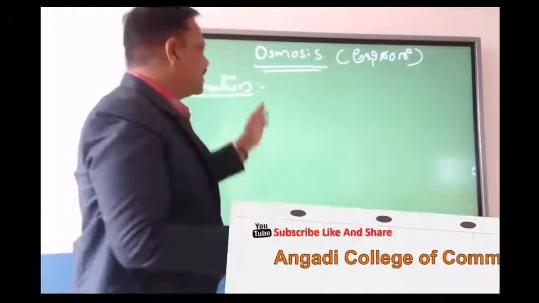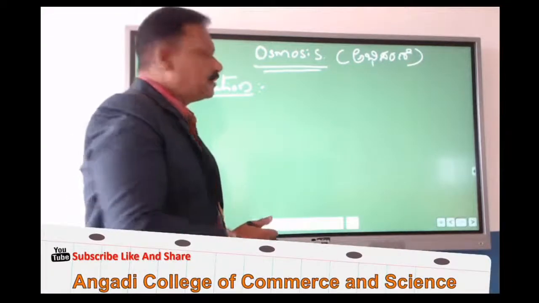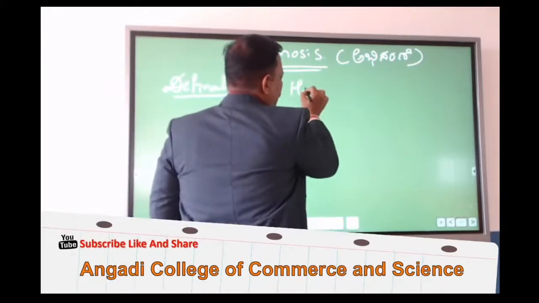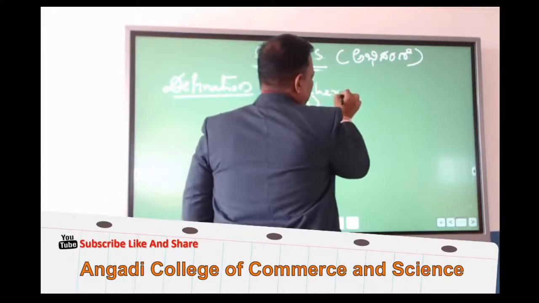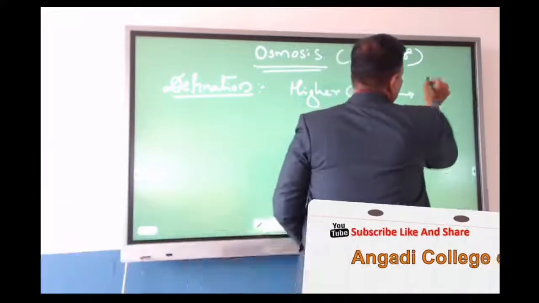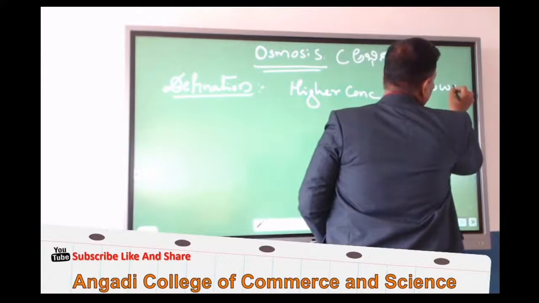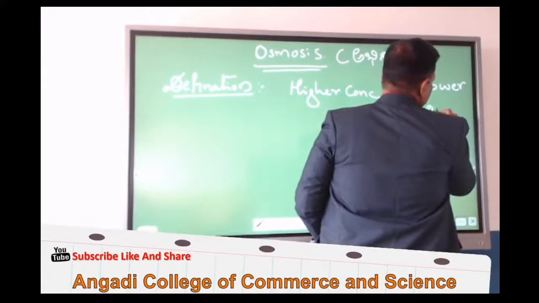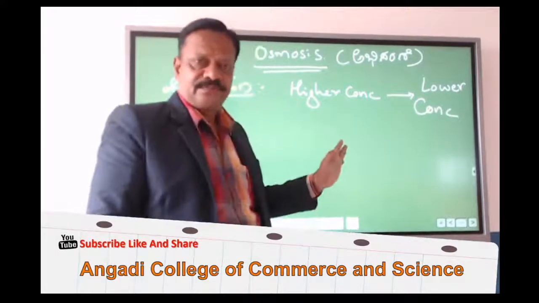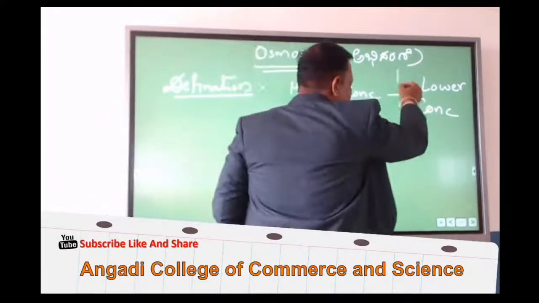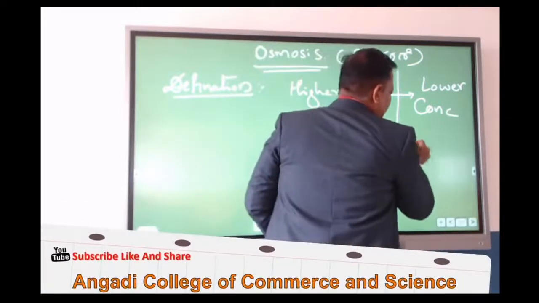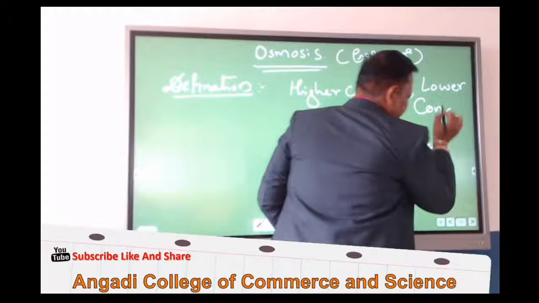So, the definition says the molecules of a matter move from the region of higher concentration to the region of lower concentration. During this movement, a membrane will be there, and this membrane we call a semi-permeable membrane.